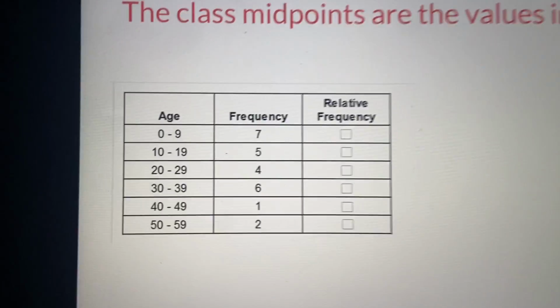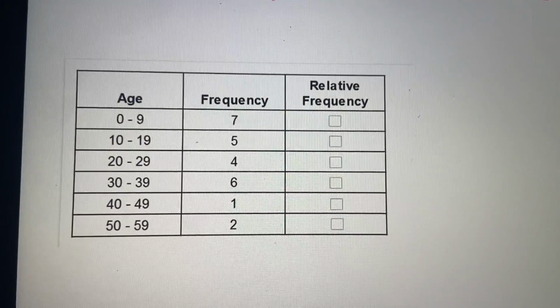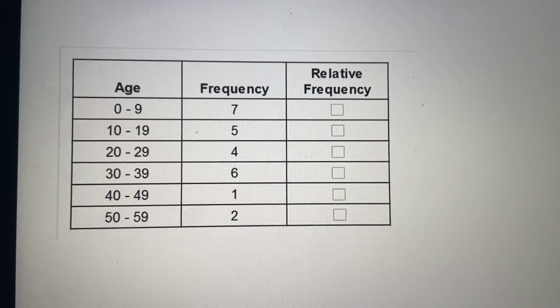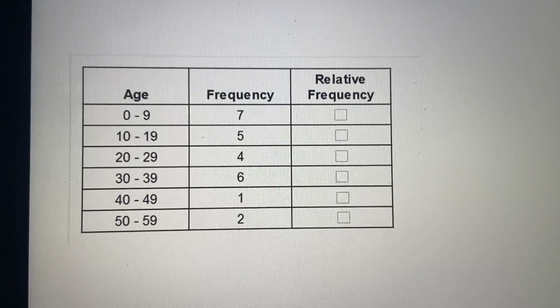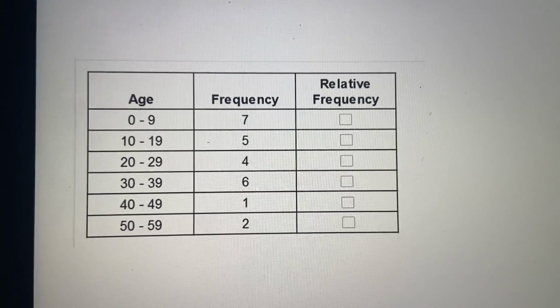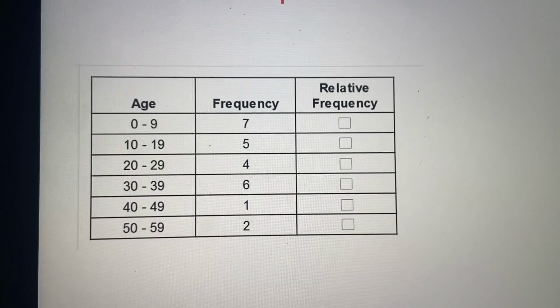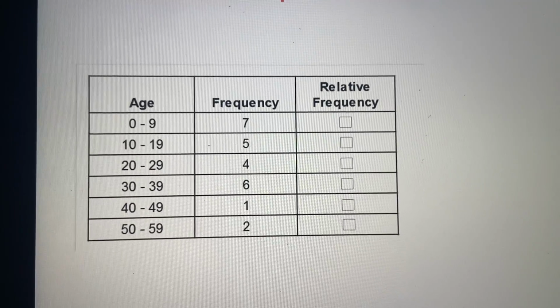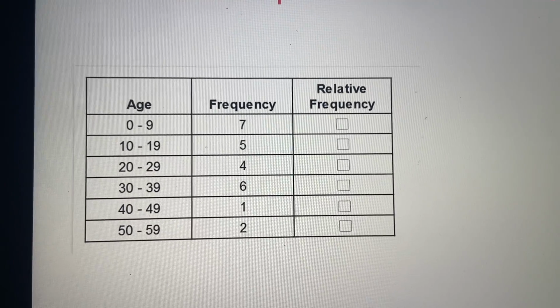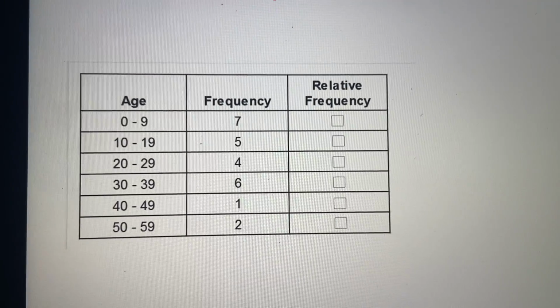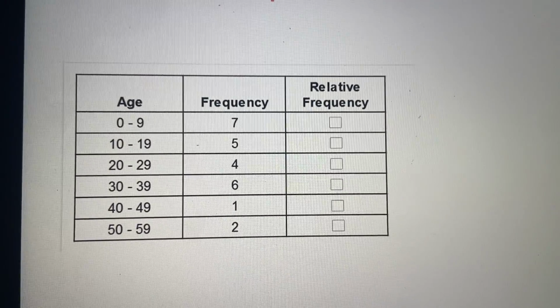Again, if you look at this frequency table, the class midpoint for the first class would be 4.5. I know that number is not clear on the table, but if you just ask yourself, what number is exactly in the middle of 0 and 9, that would be 4.5. And you complete that process for the rest of the classes.